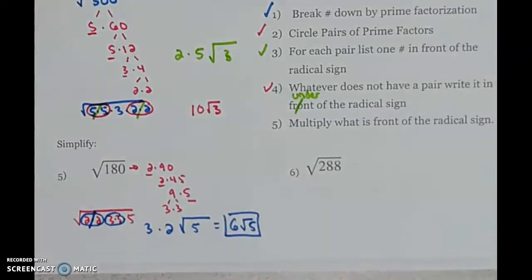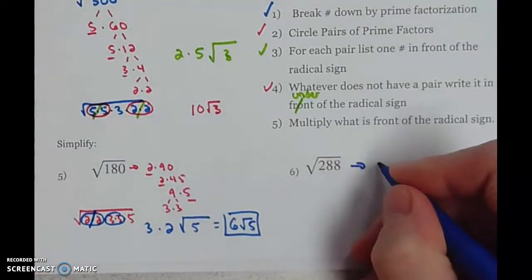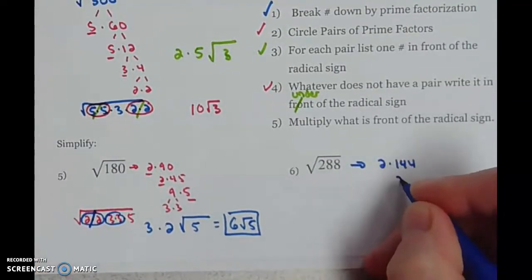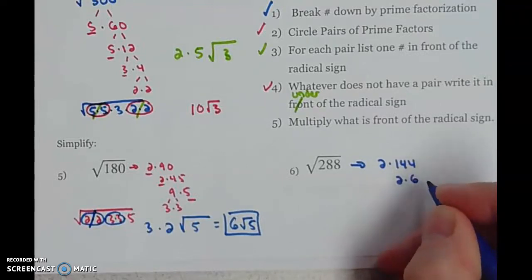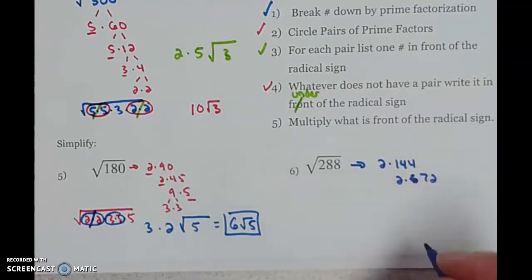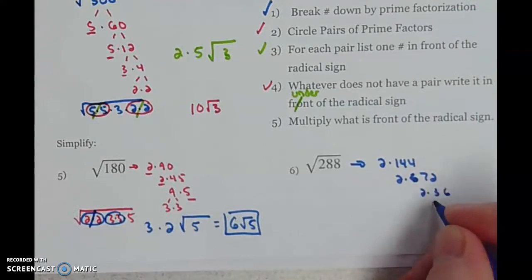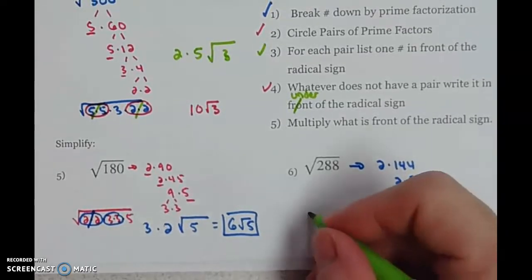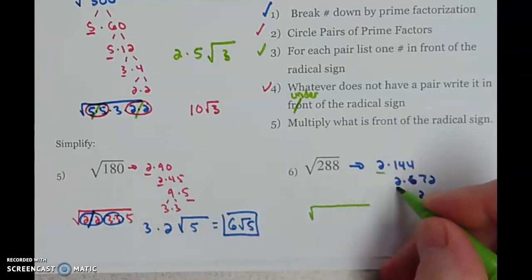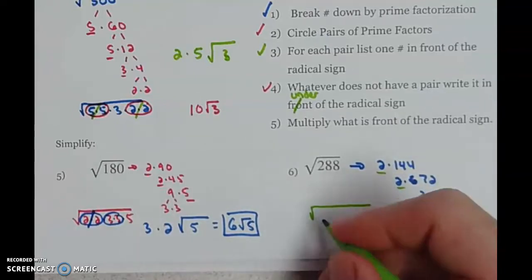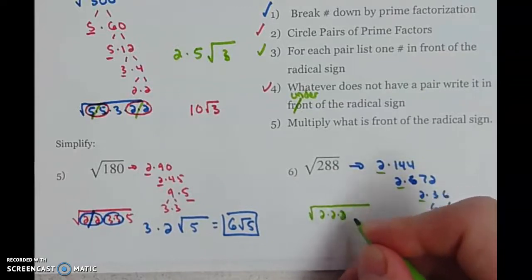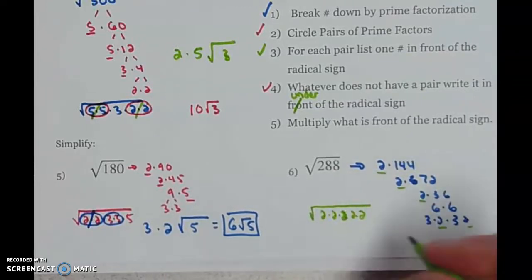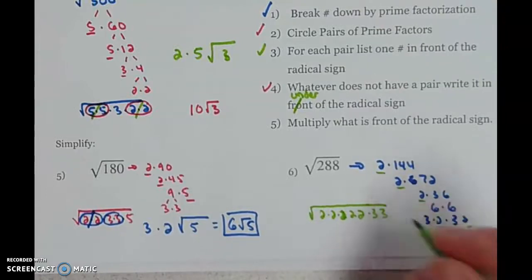Okay? Let's just look at number 6, guys. I got 2 times 144. I got 2 times 72. And then I got 2 times 36. I got 6 times 6. I got 3 times 2, 3 times 2. So right now, underneath my radical sign, I got 1, 2, 3, 4, 5 2's, and then I got two 3's.